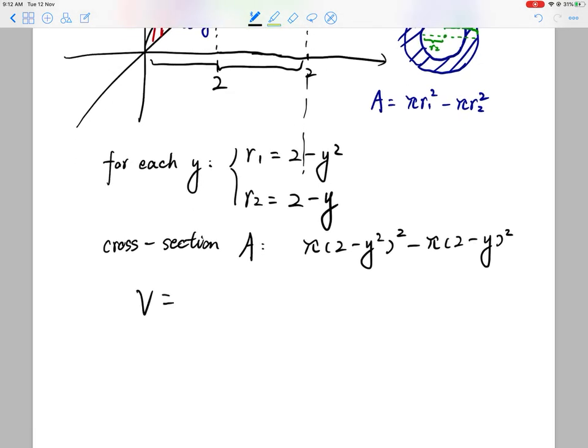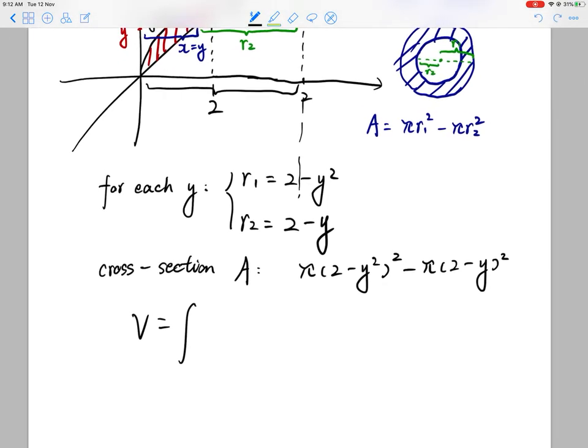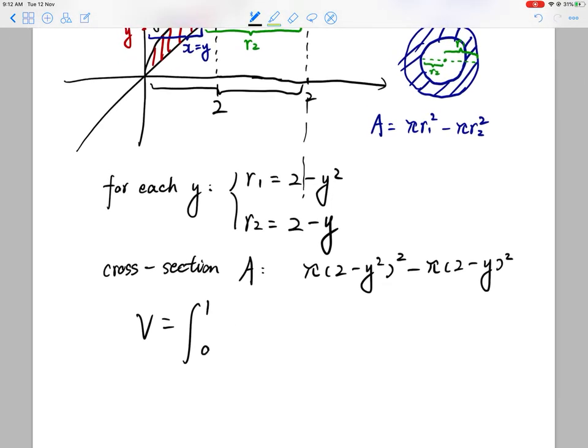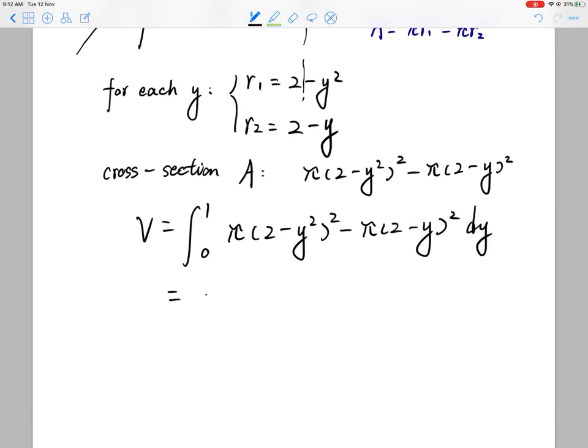So the volume is the integration of this, where y is from 0 to 1. After that, it's just a calculation. It is 8/15 pi.